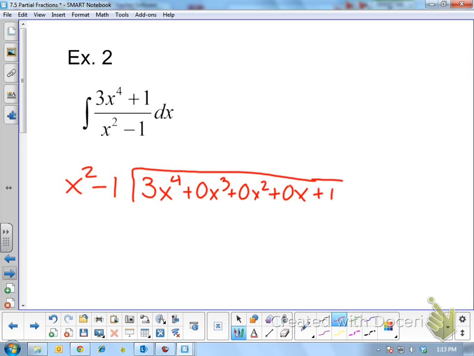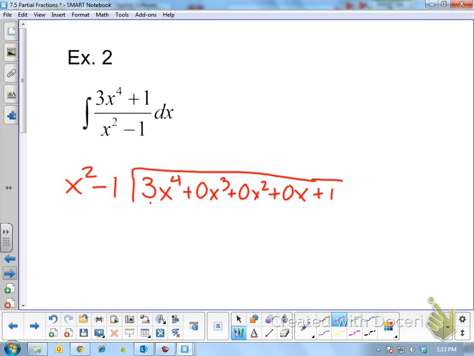So when we did long division with polynomials, we took our highest degree outside, so x squared, and we asked ourselves the question, what would I have to multiply by x squared to make the first thing inside the divide sign?